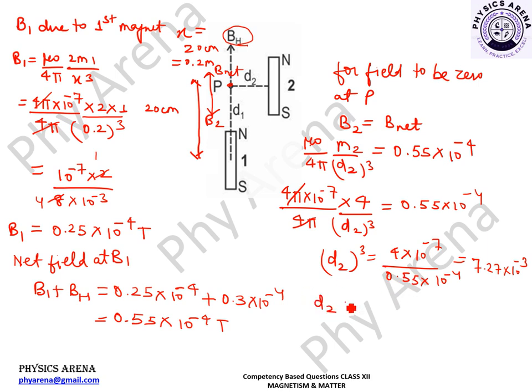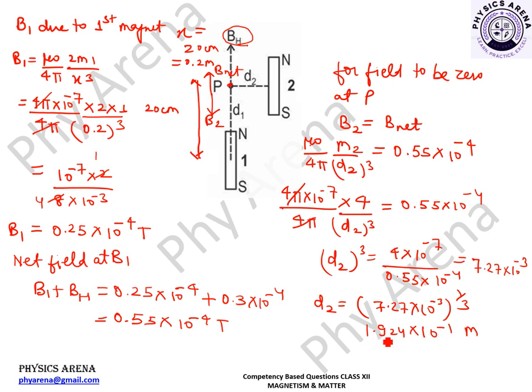So now d2 is the cube root of 7.27 multiplied by 10 to the power minus 3, whole power 1 by 3. The cube root of 7.27 is 1.924 and the cube root of 10 to the power minus 3 is 10 to the power minus 1. And finally, we can convert it into centimeters. This is in meters.